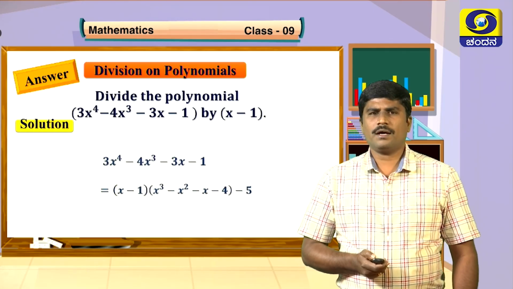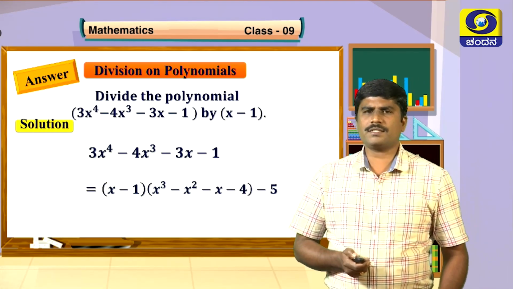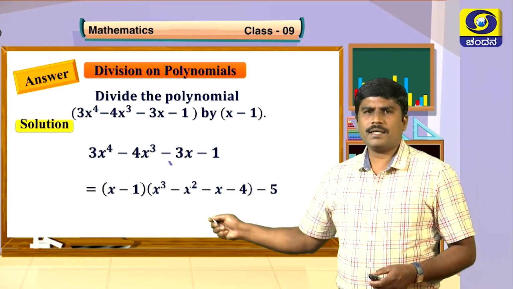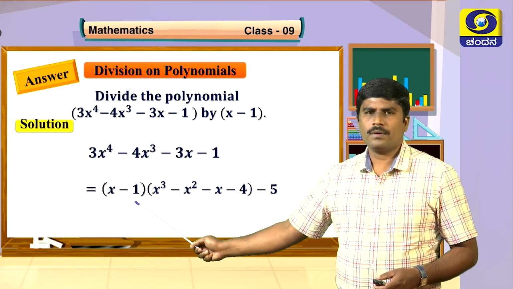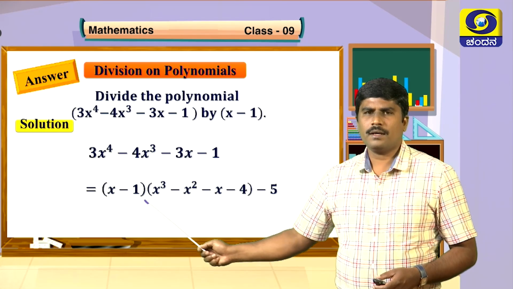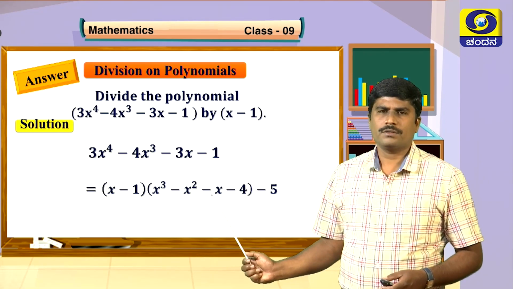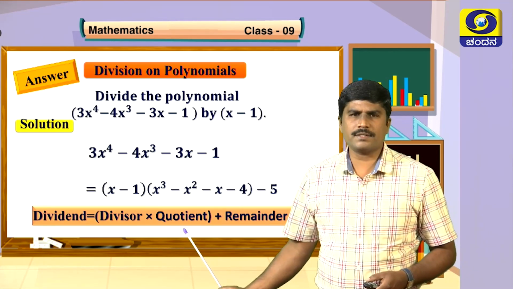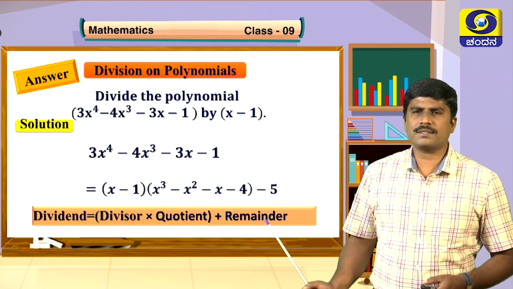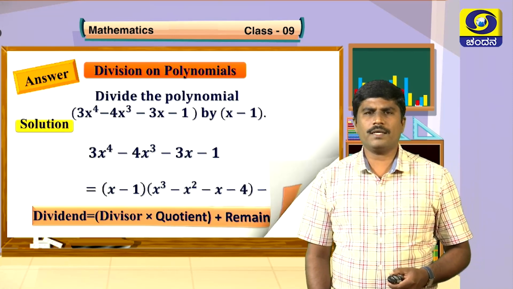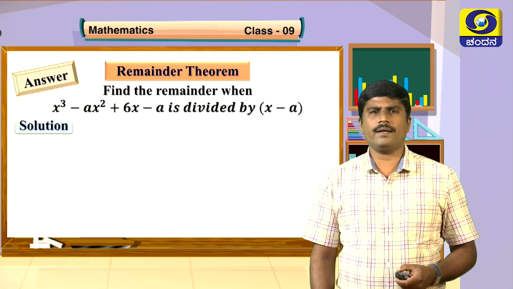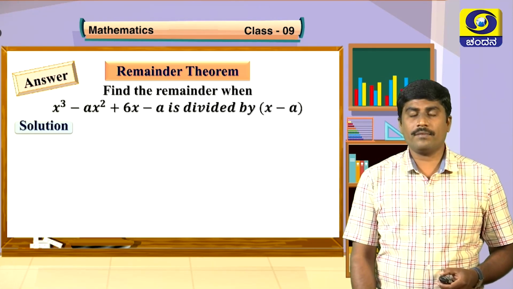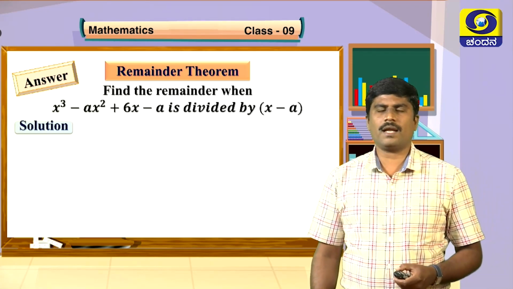Let us understand this. This is called the divisor and this is called the quotient. Minus 5 is the remainder. So dividend is equal to divisor into quotient plus remainder. After knowing this, let us understand the remainder theorem. I had given one homework question in the last class.